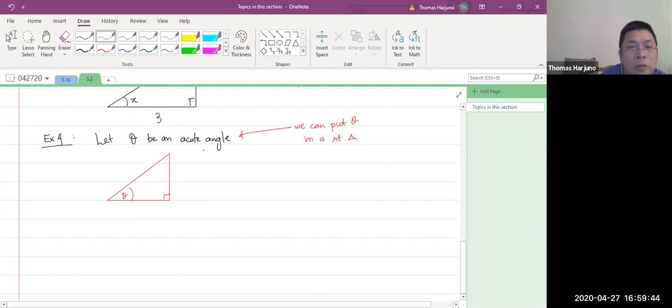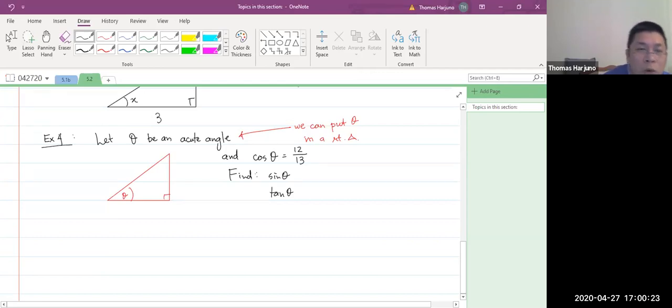That's an acute angle, right? And let's say cosine theta equals 12 over 13. Now, the question is find sine theta and then tangent theta. And of course, from there you can also find secant, cosecant, and cotangent. But let's just find these two first.